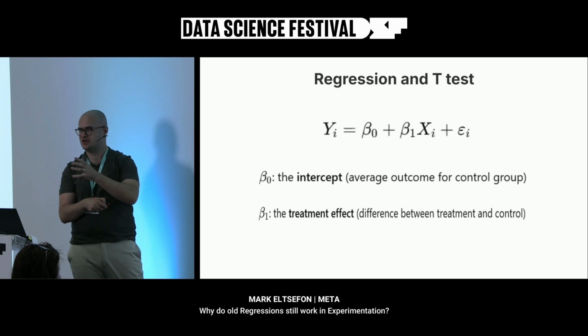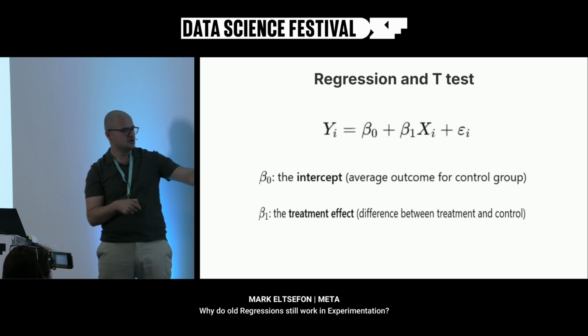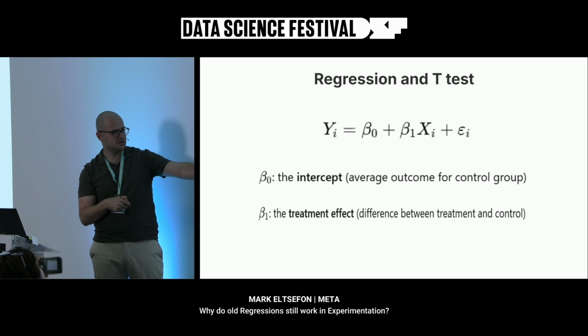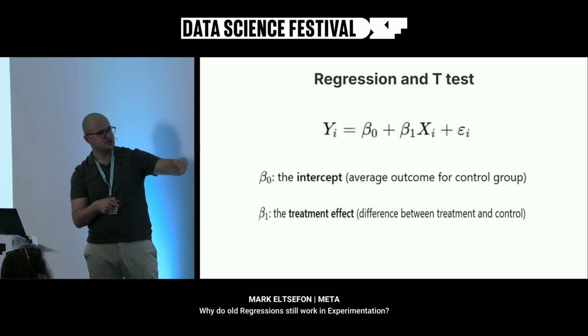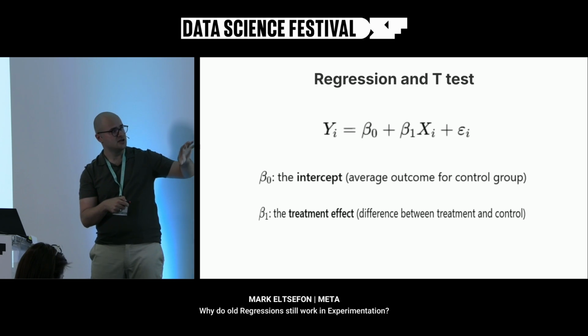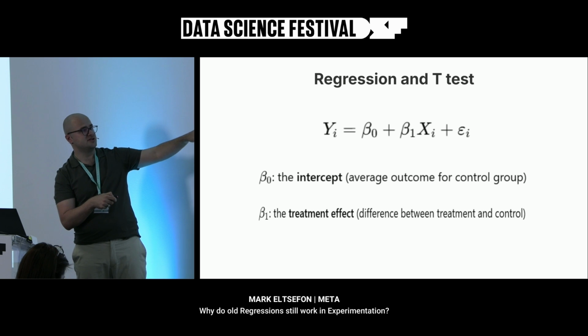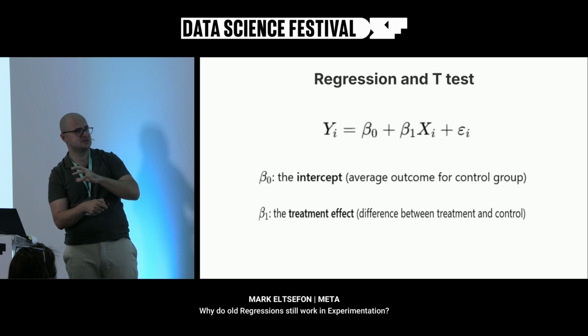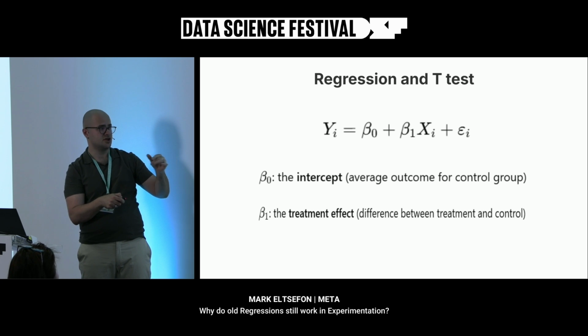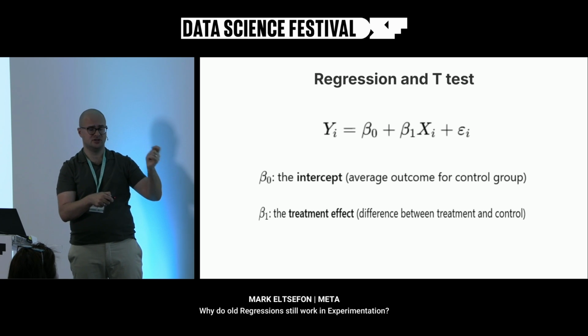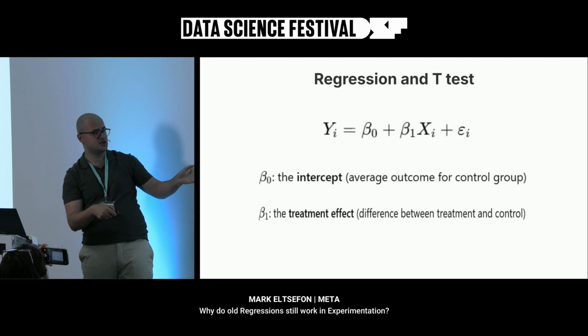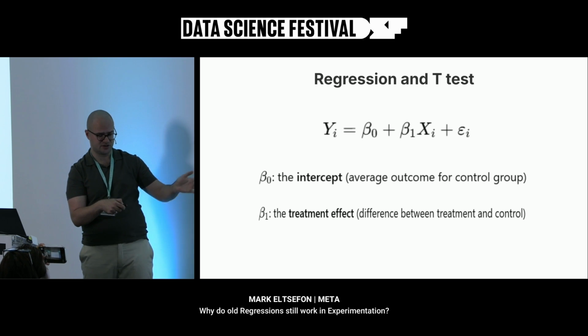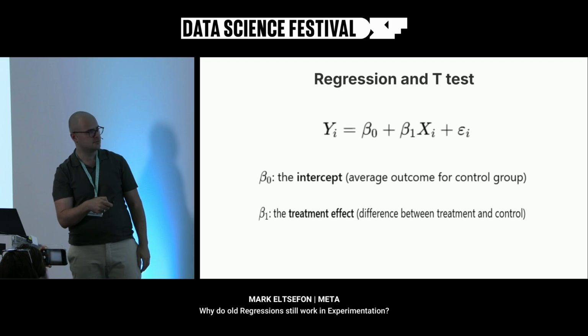It's kind of a baseline for us. Beta 1 is our treatment effect. Let's think of it as representing the change in means related to the change in x. The change in x is only 0 to 1, so it's just the difference between treatment and control, and nothing more.